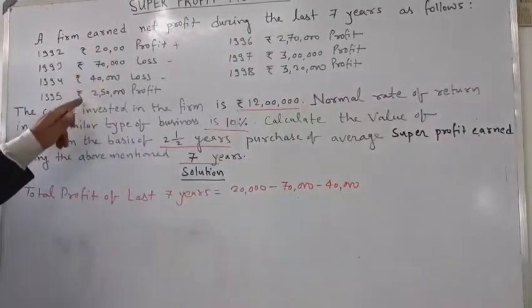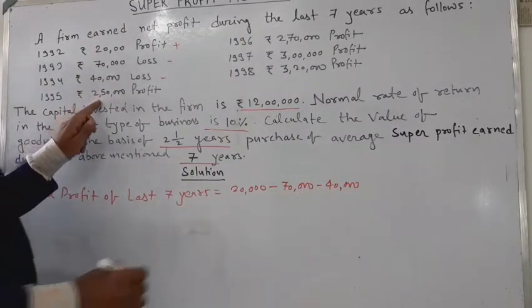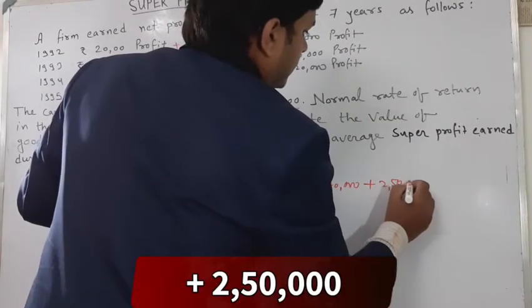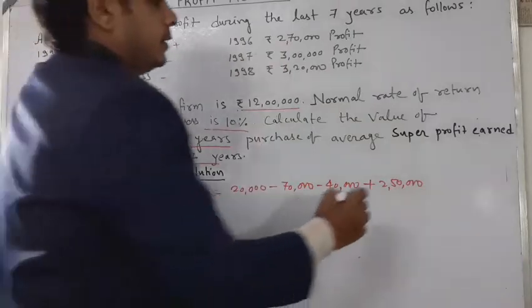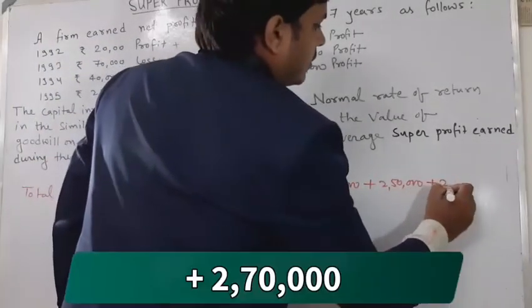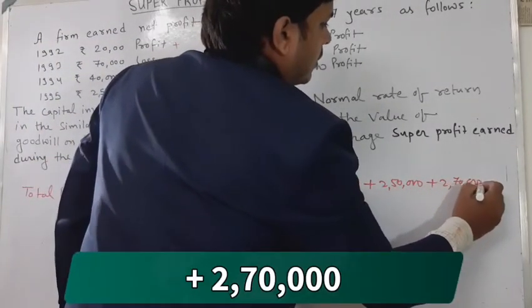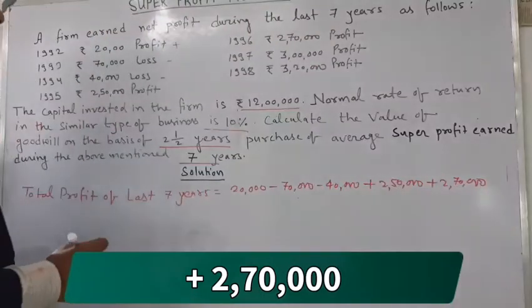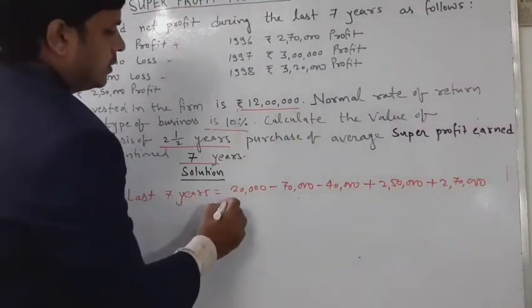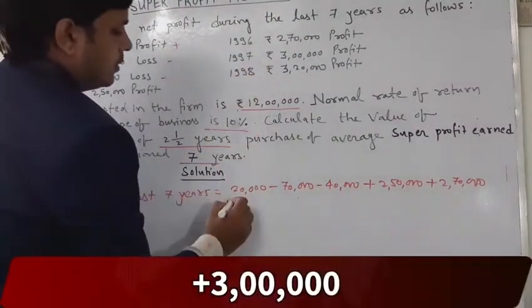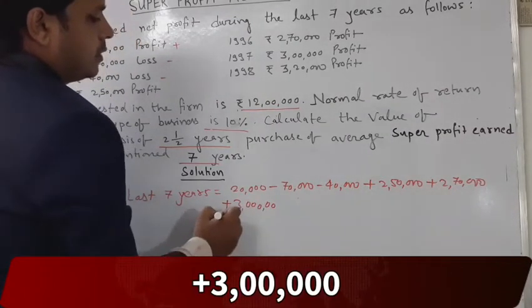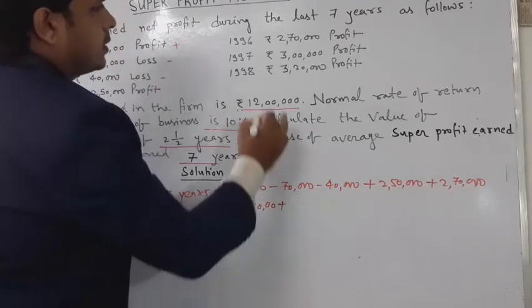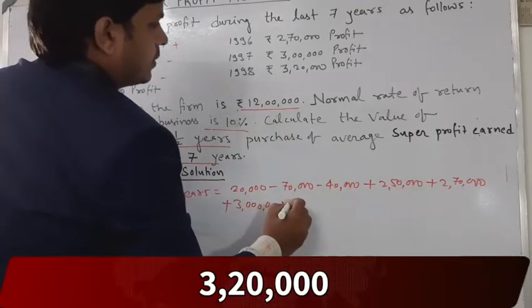Plus 2,50,000, plus 2,70,000, plus 3 lakh, plus 3,20,000.